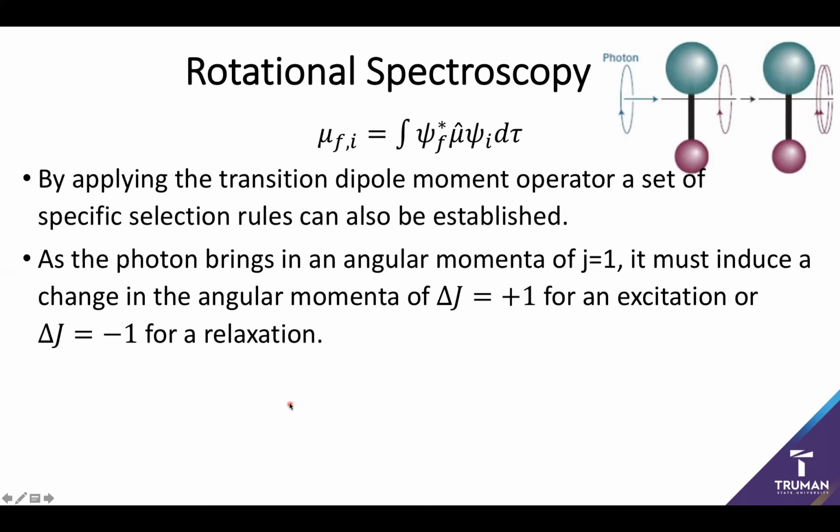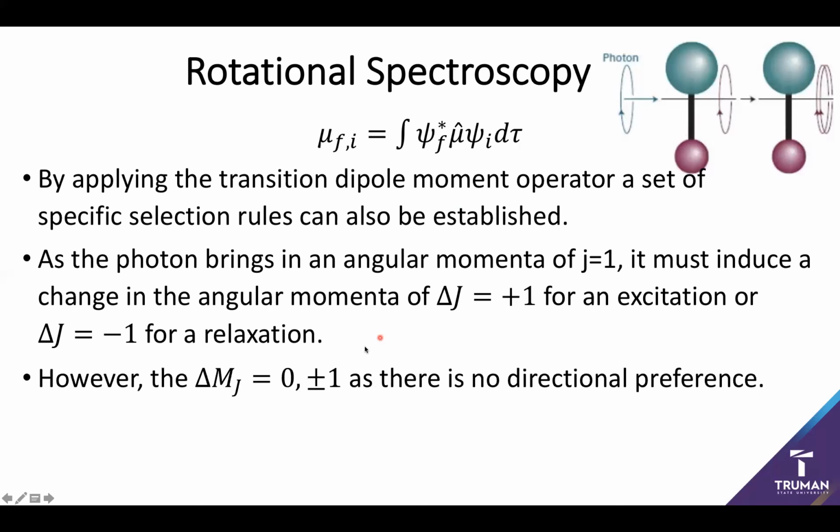However, we will encounter some systems, such as coupled excitations, where I can have a relaxation of the rotational motion as well. We still need to figure out what this is going to mean for directional movement. The important thing is that we don't really have any net dependence upon an external reference or z-axis. As a consequence, our m sub j could increase, it could decrease, or it could stay the same.